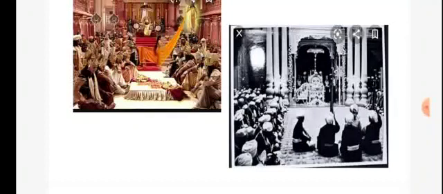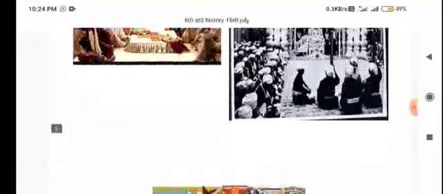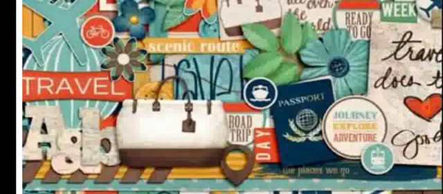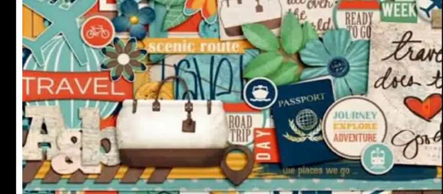They include books on religious and social subjects, plays, poetry, travelogue. Now, what is this travelogue? See, this is the picture of a travelogue. Travelogues are the books written by travelers.